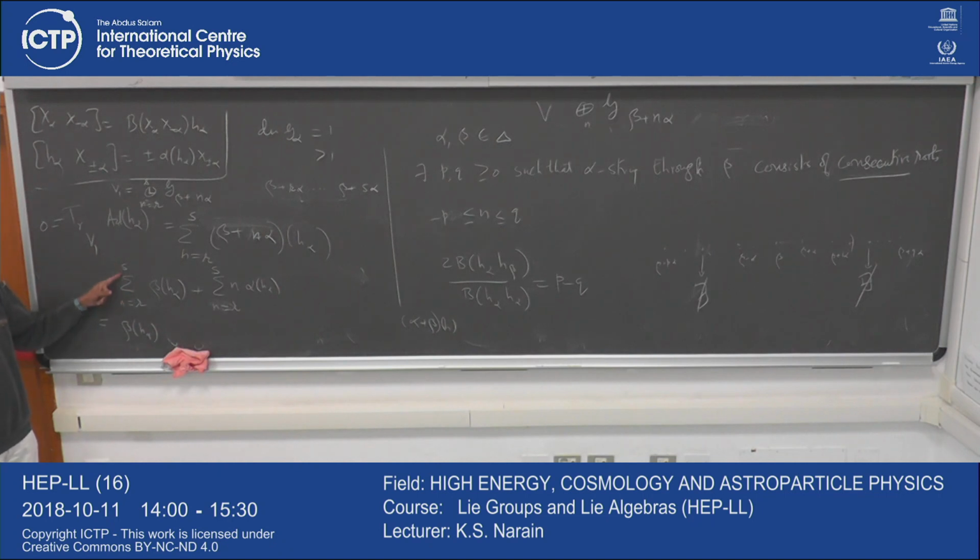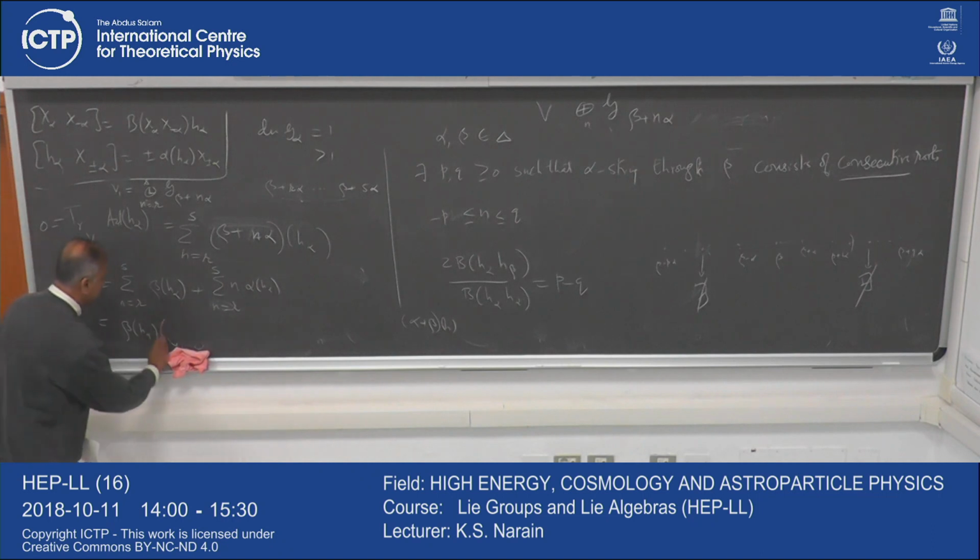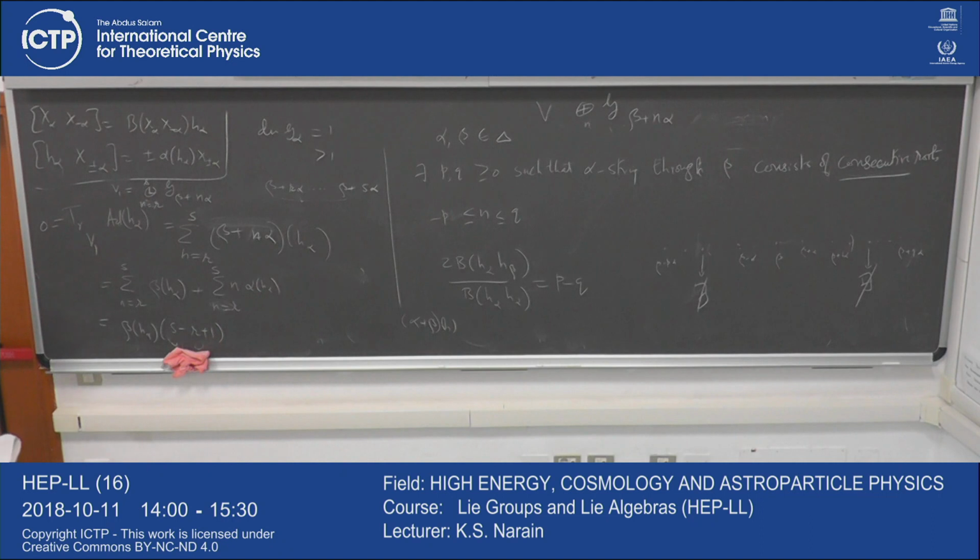How many terms are there from R to S? It's S minus R plus 1. For example, for R equal to 0, there would be S plus 1 terms.